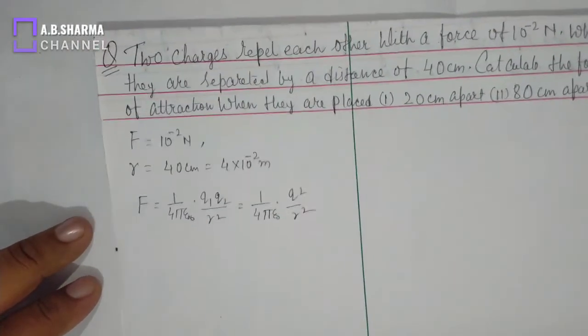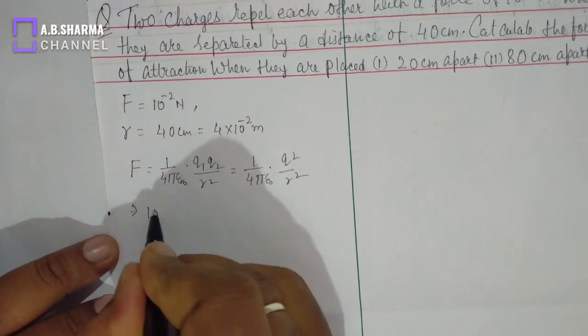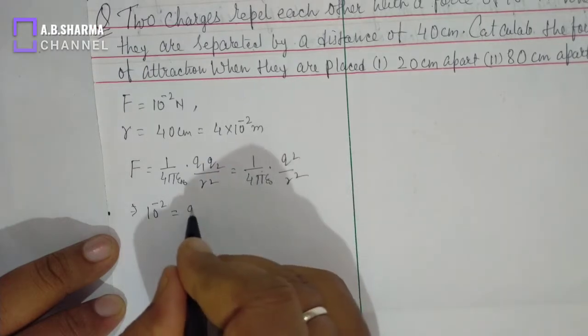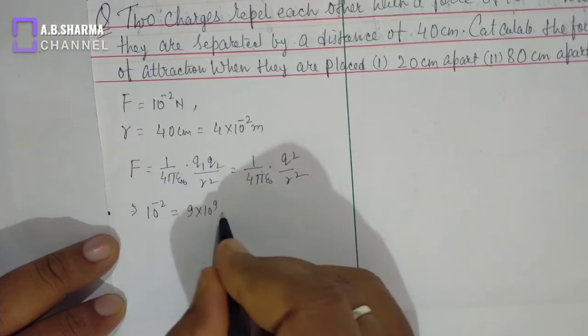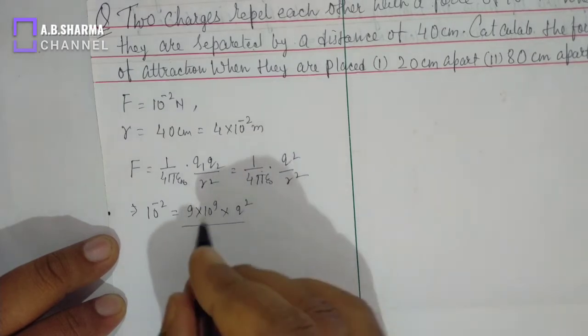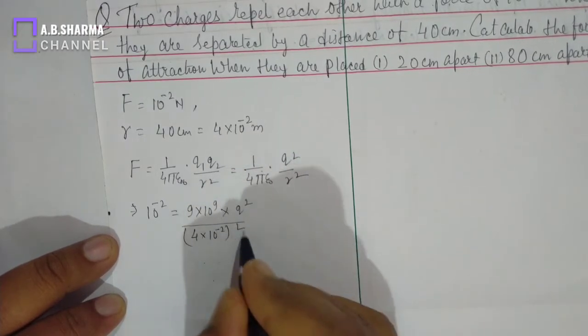Now put the values. So F equals 10 to the power minus 2 equals, the value of this constant equals 9 into 10 to the power 9, Q square by R square. R is given, this is 4 into 10 to the power minus 2 square.